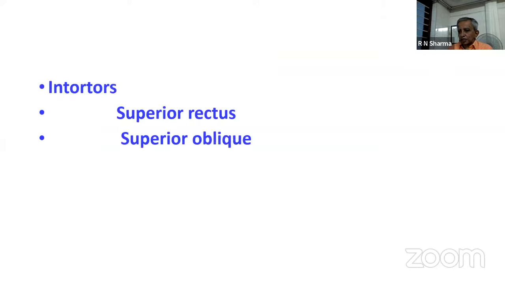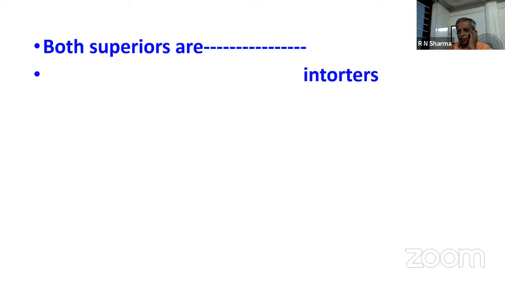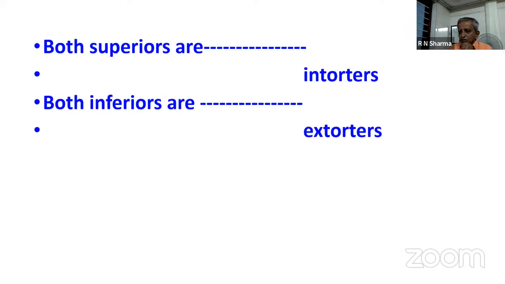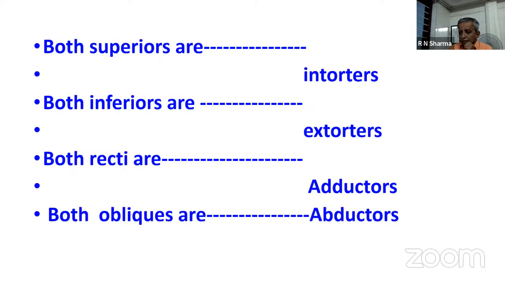Intortors: superior rectus will be an intortor, superior oblique will also be an intortor. Extortors: inferior rectus as well as inferior oblique. Both superiors are intortors, students can remember like this. Both inferiors are extortors. Both recti are adductors. Both obliques are abductors.